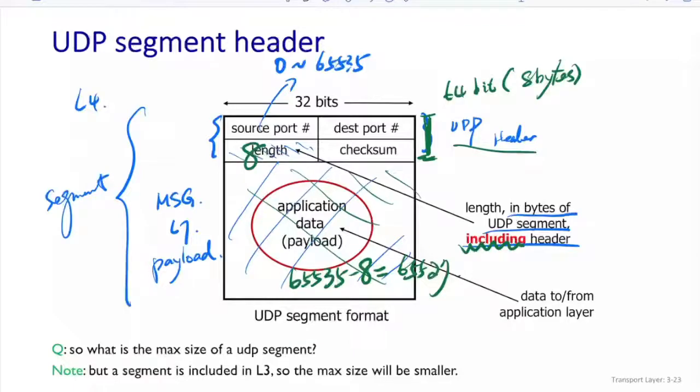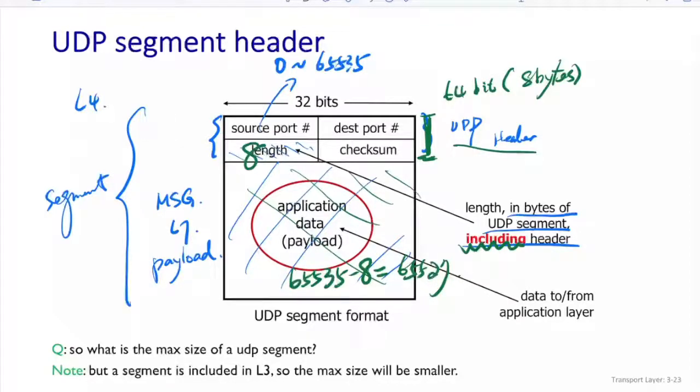The maximum layer 7 message payload of a UDP segment is 65527. That is the maximum size of the payload that can be carried by a single UDP segment. Because the length field has only 16 bits, the maximum number that can be written in this field is 65535, but it includes the header.